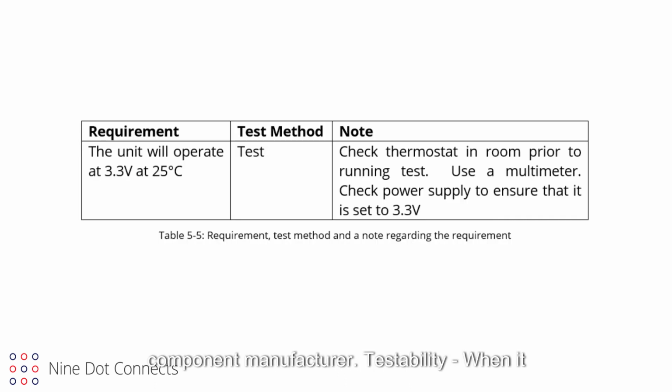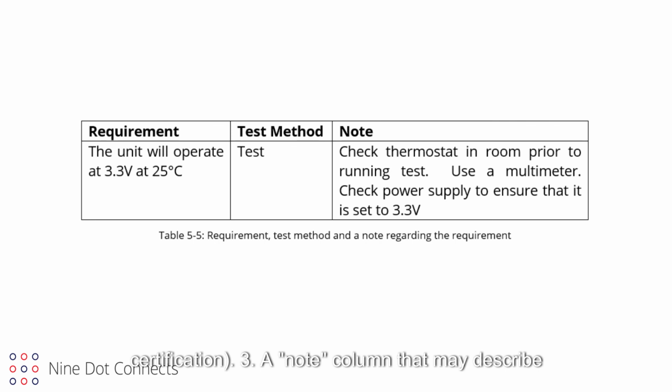Testability. When it comes to specifications, one must consider the how-to of testing. In fact, some specifications are written in 3 columns. 1. The requirement. 2. The test method: analysis, demonstration, examination, test or certification. 3.